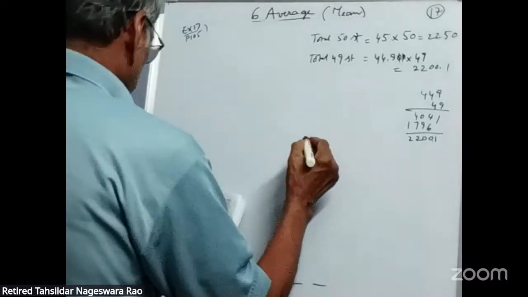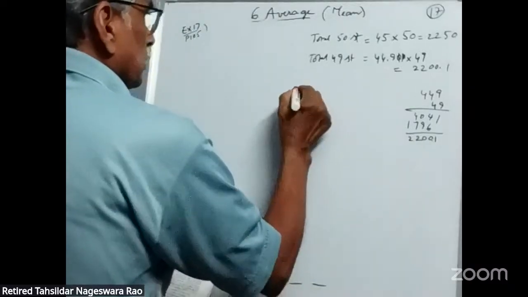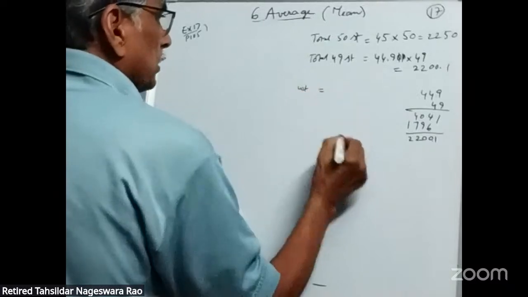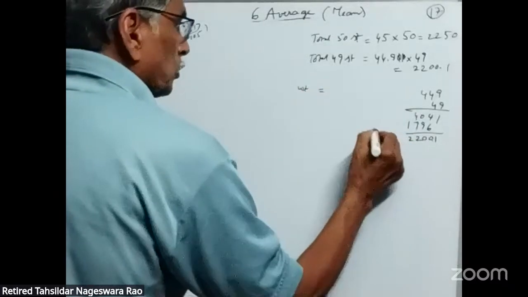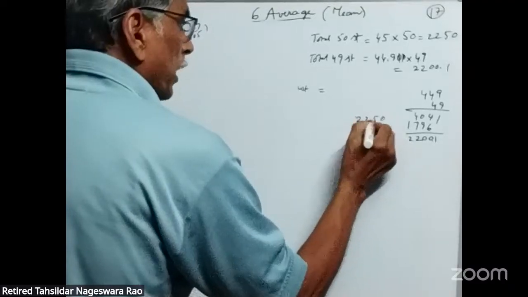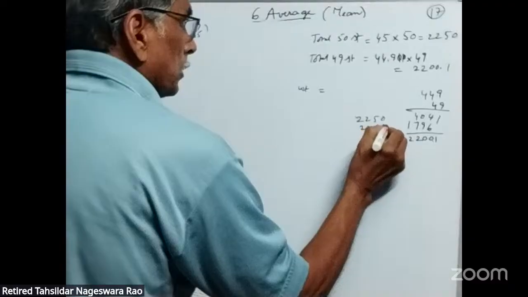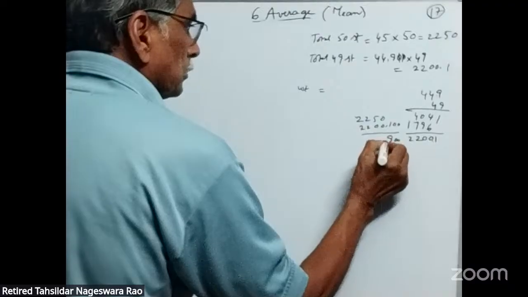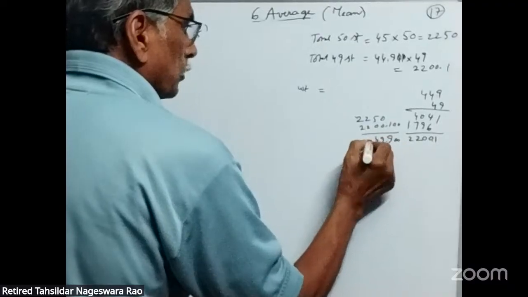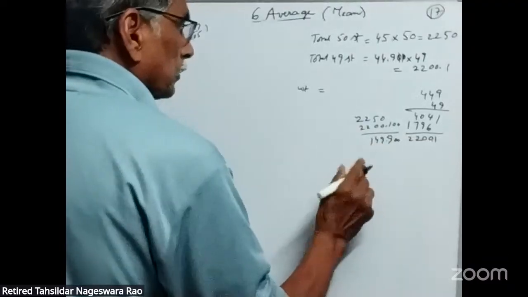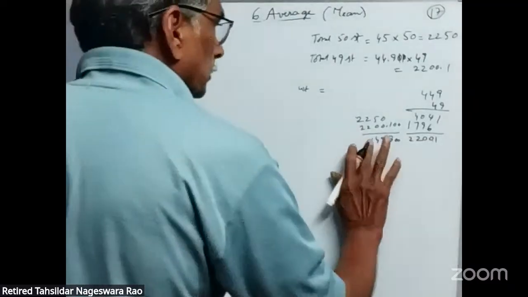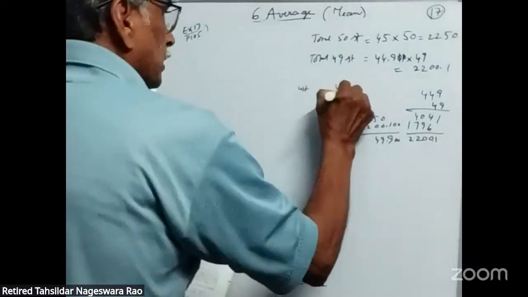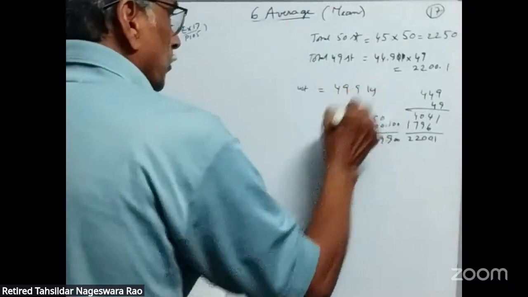Weight of the student who left the class. Weight of the student required will be 2250 minus 2200.1, that is 49.9 only. 49 kg, 900 grams. 49.9.